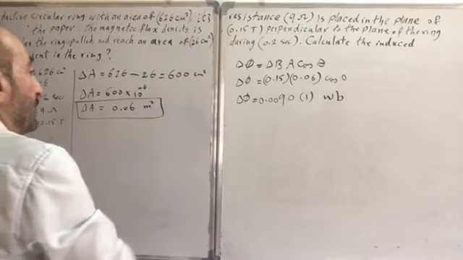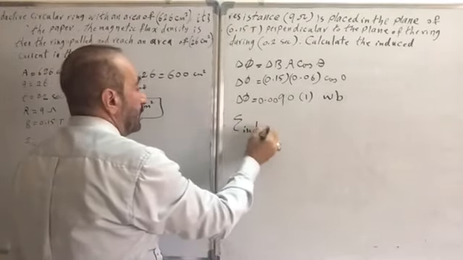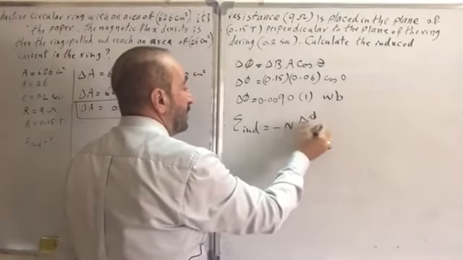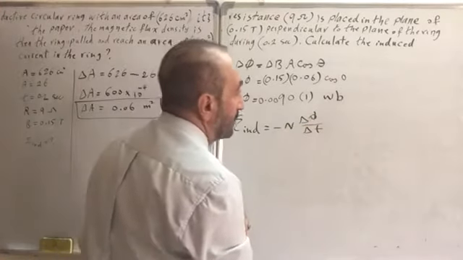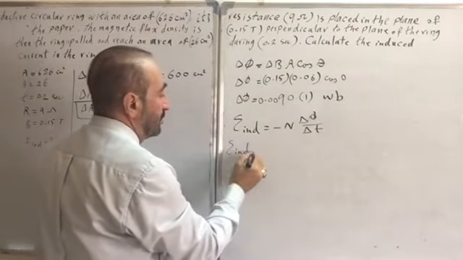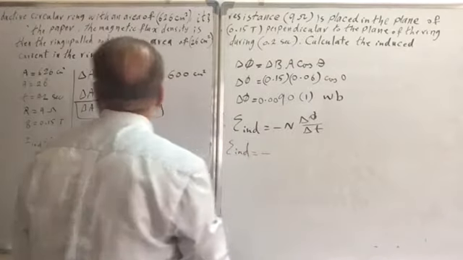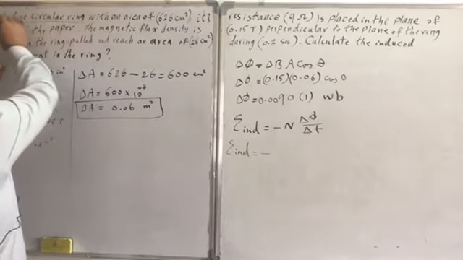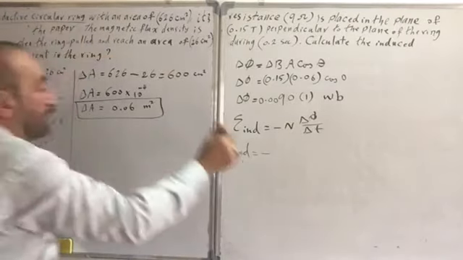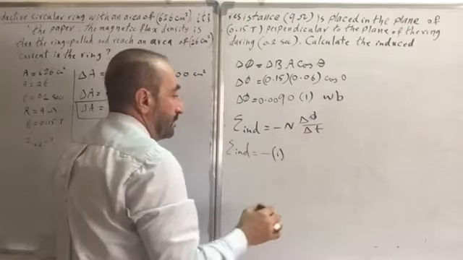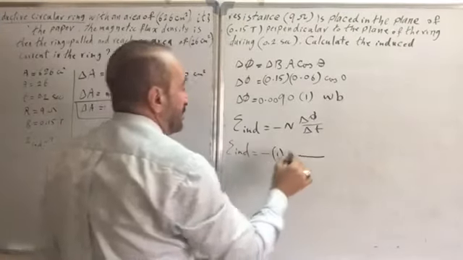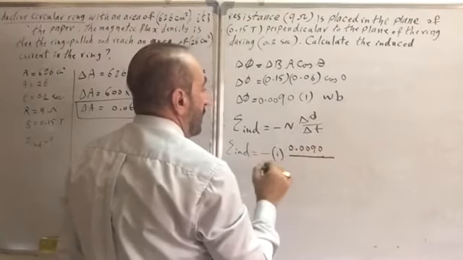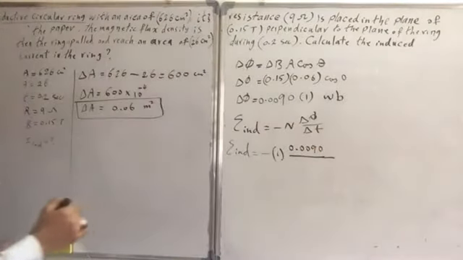Now to find E induced, by Faraday law, equal minus N delta phi over delta T. E induced equal minus the number of turns. It is one conductive circular ring, therefore we substitute 1 times delta phi, 0.009 over delta T. Delta T is 0.2.